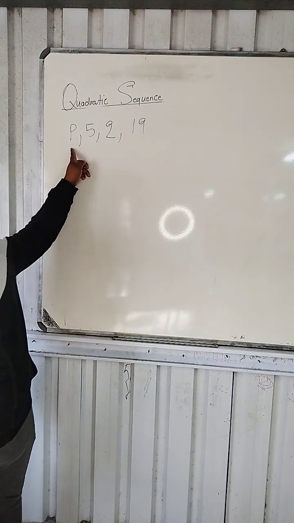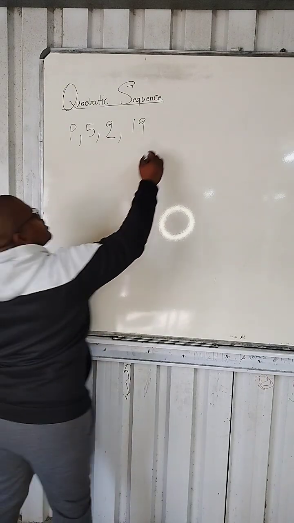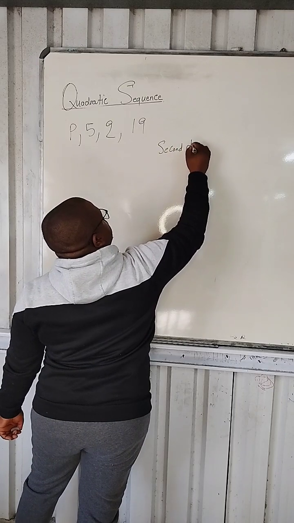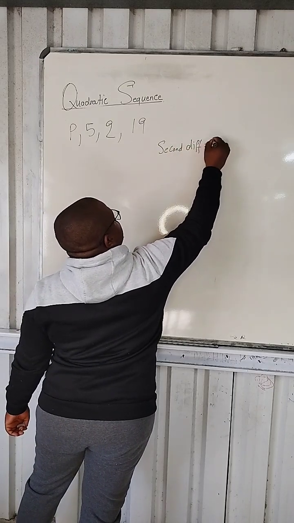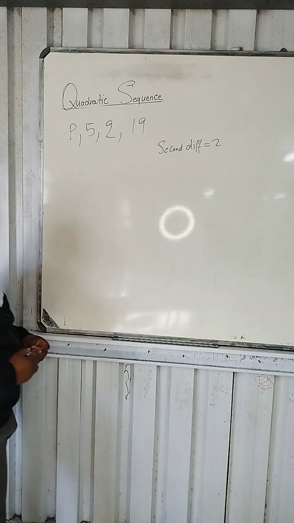Now they said determine the values of P and Q if the second common difference is equal to 2. Now let's try and answer this question.